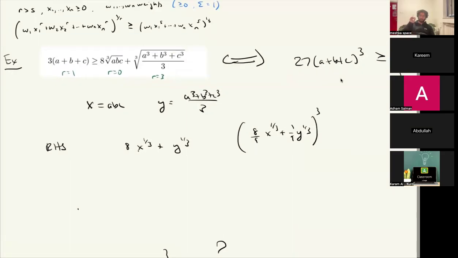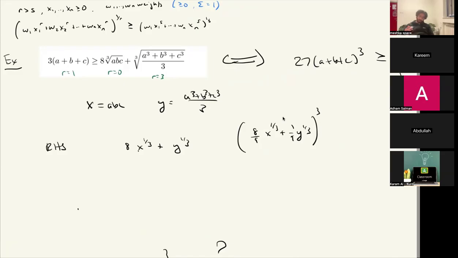Can you hear me all right, Karen? Does the explanation make sense why we decided to use power mean here? Yes, because we want to get rid of the cubic root. Yes, the cubic root, exactly.